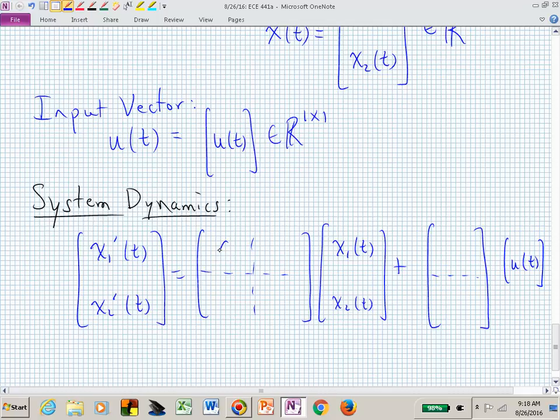I don't want any x1s in that first equation, and I only want an x sub 2. And by your matrix multiplication, that's rows times columns, this pulls off that x sub 2 from your state vector. You have 0 x1 plus 1 times x sub 2. And then how much u do you need in this first equation? You don't want any, so you have 0. That's your top row in this state space representation. And that one's pretty clean.